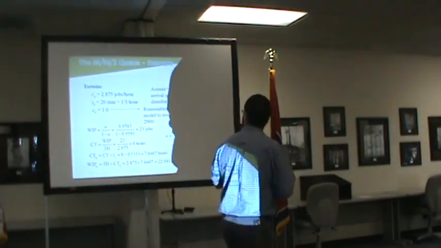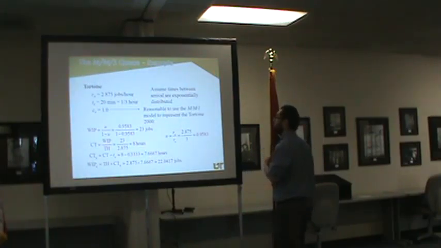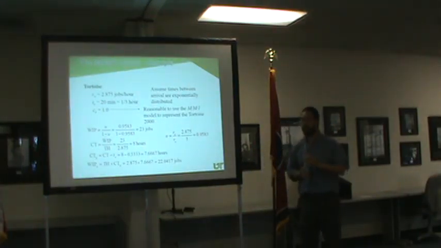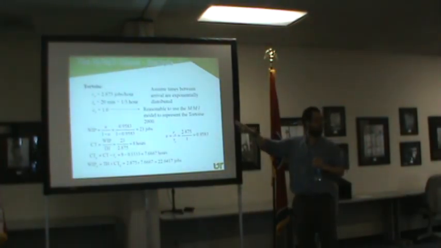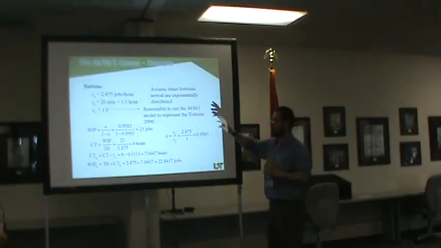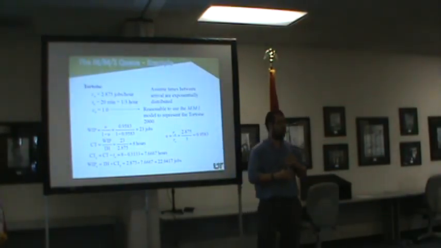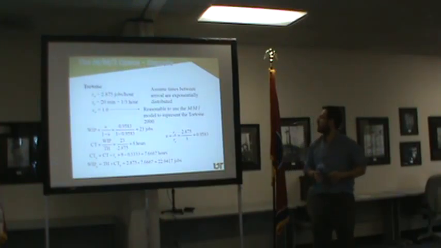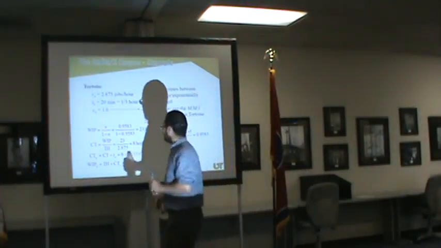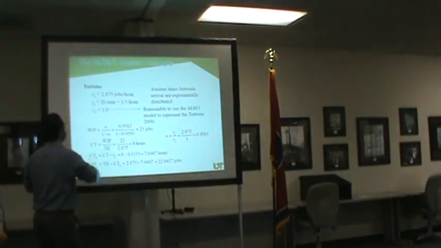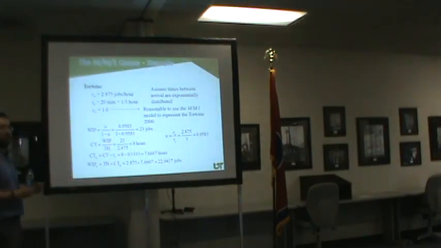Okay, so here's an example. I don't know if Dr. Sonny went through this example before. There are two processes, one called the tortoise and the hare. So we're going to use the same parameters so that we can compare how this works. We have the rate of arrivals here at 2.875, from the same information that was used before.